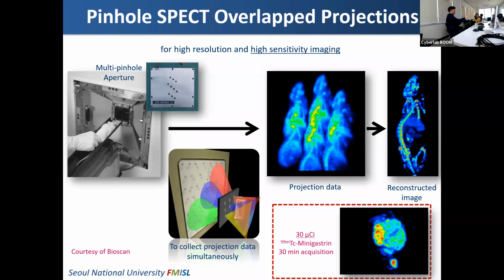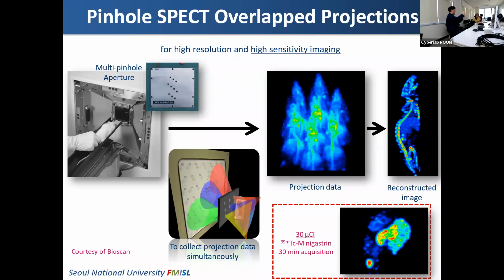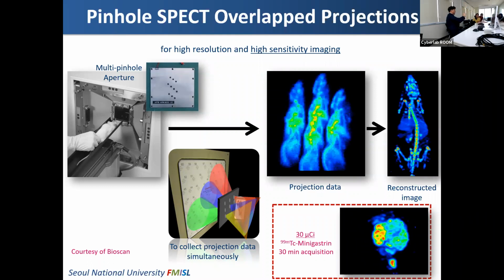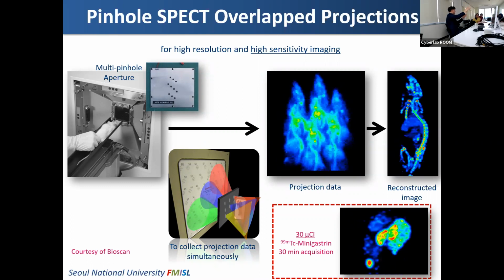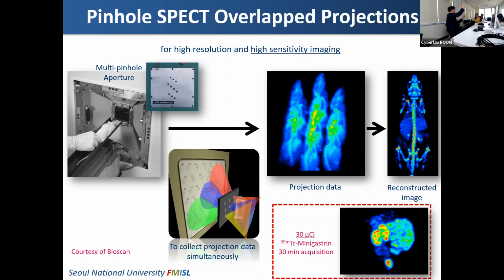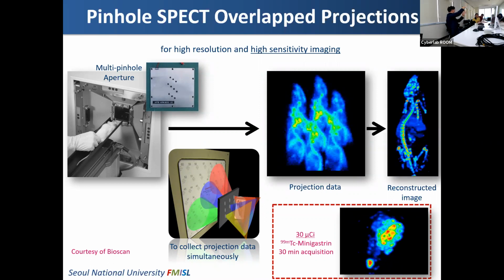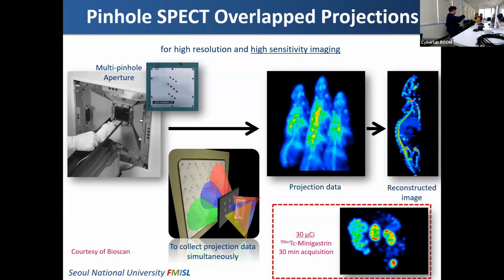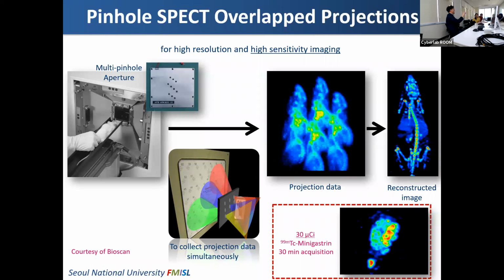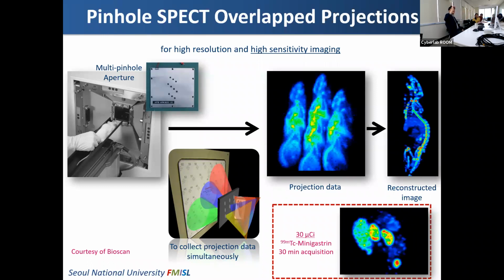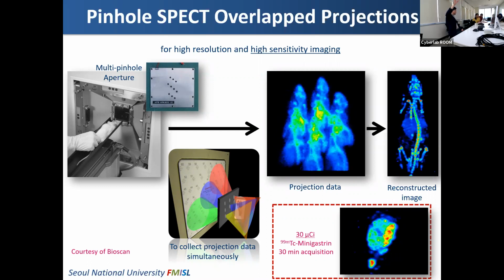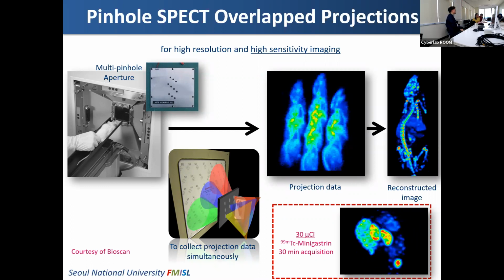But iterative reconstruction uses a different way. We assume some initial image and then simulate projection data based on the SPECT geometry, and then compare it with the measured projection. If there is some error, it iteratively updates the image. But that is not easy. So next time, let me prepare some slides to show you a better idea of how we reconstruct it.